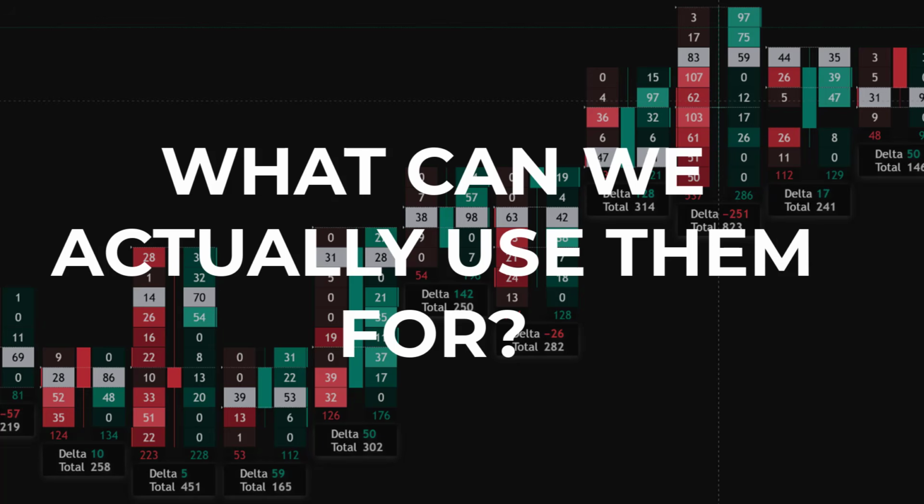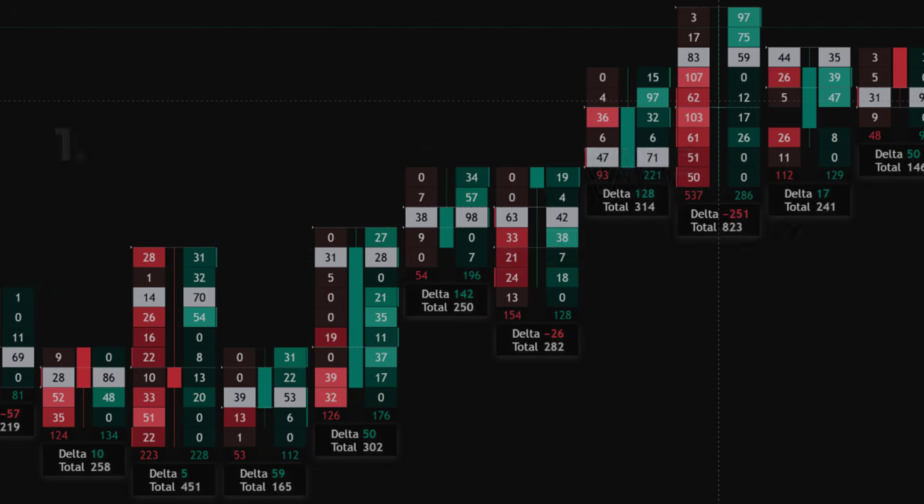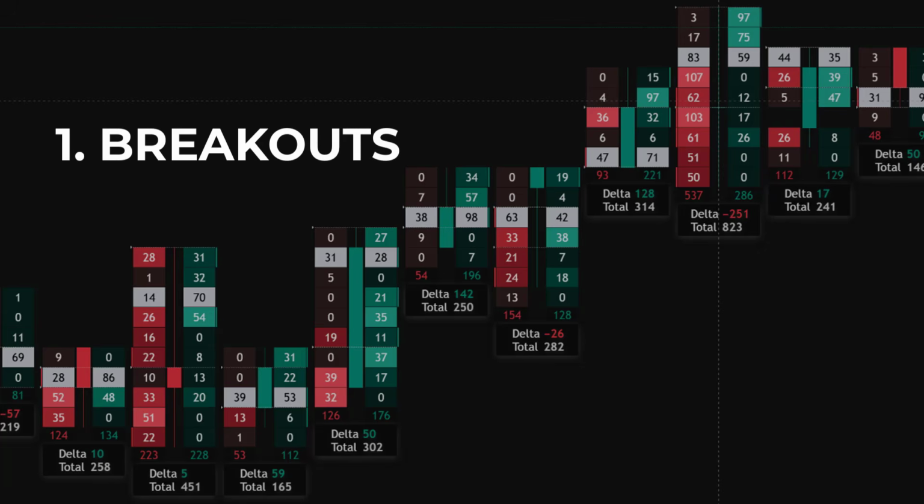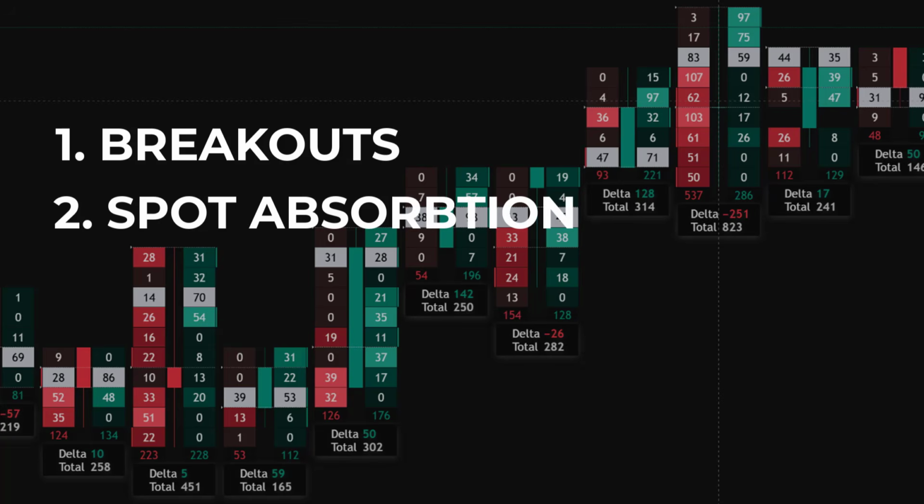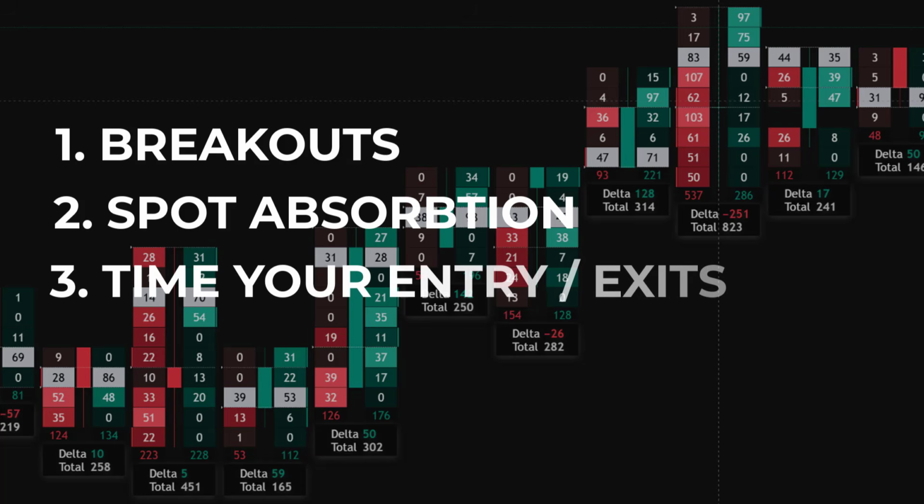Well, I think you can probably categorize it into 4 different parts. We can confirm breakouts. Is the breakout backed by actual buying or just, for example, a price push? Spot absorption. Is something absorbing all the selling at a level? That could be a reversal coming. Very good for timing your entry and exit, so you could use something like volume clusters and delta shifts to get surgical.